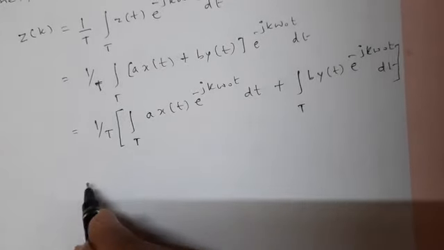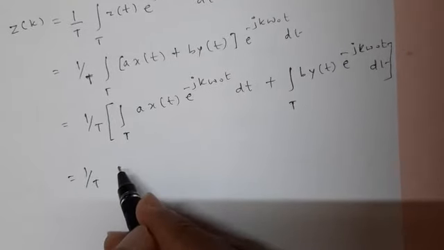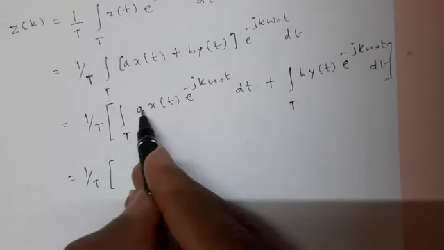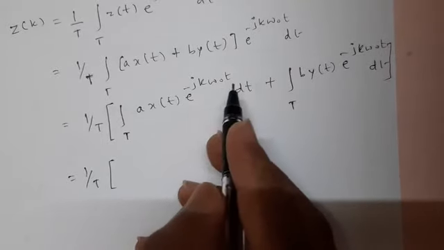Which is equal to 1 by T integration of x of t e to the power minus j k omega naught t.